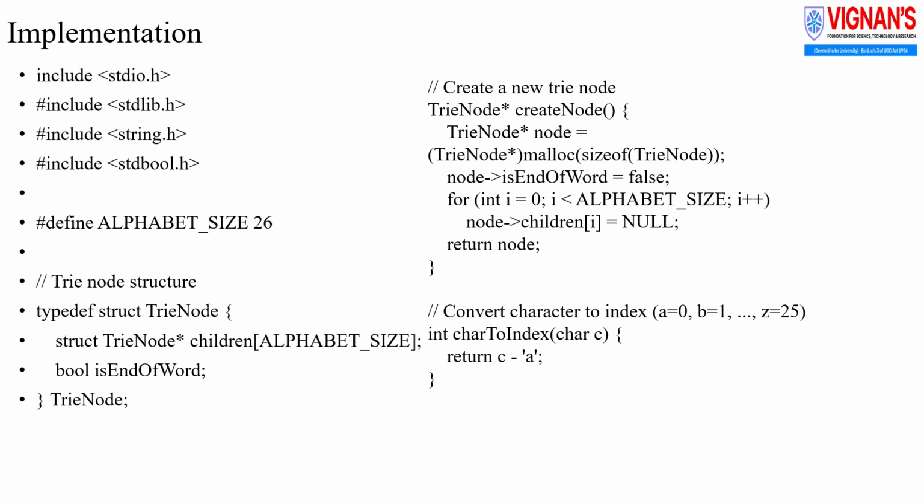A function is used to create and initialize a new trie node by allocating memory and setting all child pointers to null. Another function converts each character into an index value, which helps in accessing the correct child node. Together, these components form the foundation for implementing trie operations such as insertion, searching, and deletion.